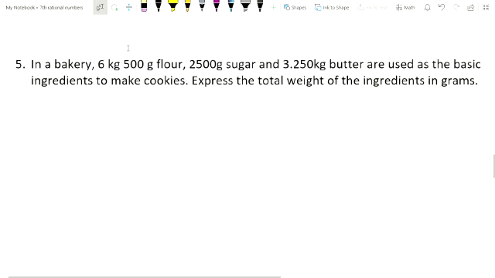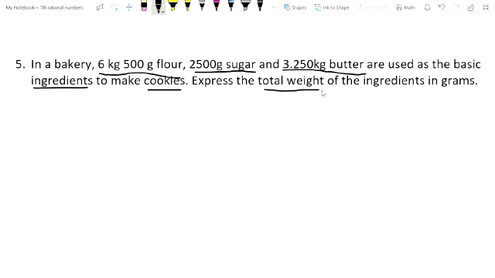In a bakery, 6 kilogram 500 gram flour, 2500 gram sugar, 3.250 kilogram of butter are used as the basic ingredients to make cookies. For making the cookies, we need the ingredients flour, sugar and butter.